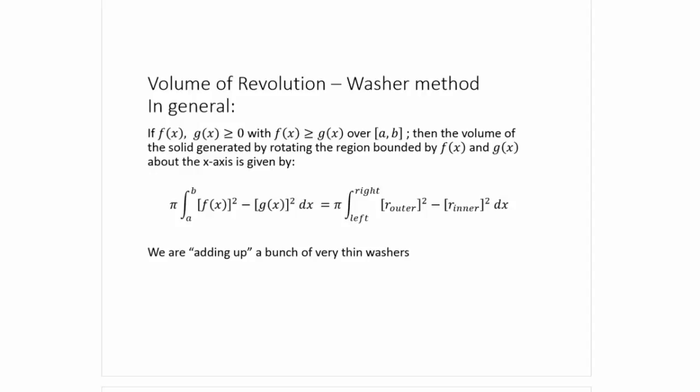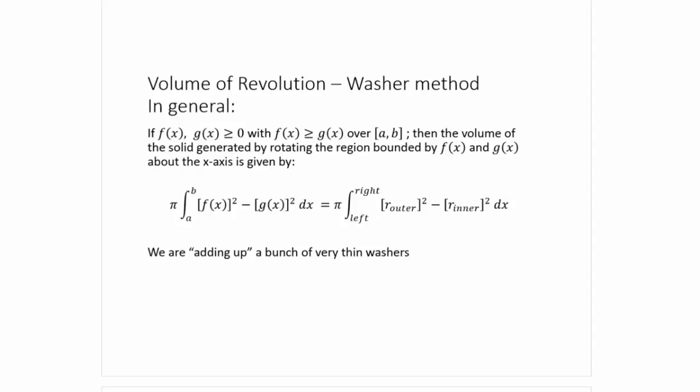If we have two positive functions where f of x is greater than or equal to g of x over some interval a to b, then the volume of the solid generated by rotating the region bounded by f and g about the x-axis is given by pi times the integral from a to b of f of x squared minus g of x squared dx. And we can think of that as pi times the integral from left to right of the outer radius squared minus the inner radius squared dx. And again, the big idea here is we're adding a bunch of very thin washers.